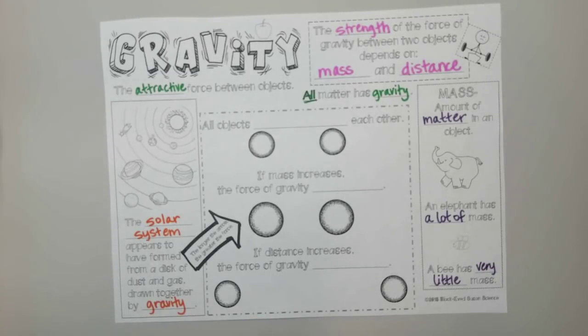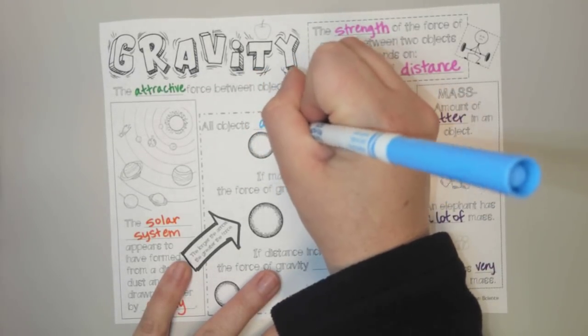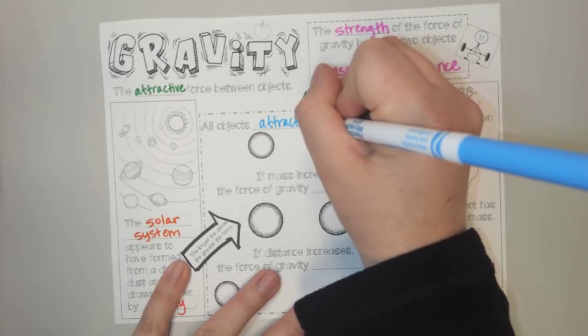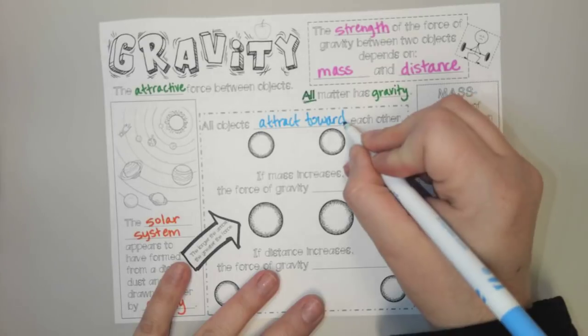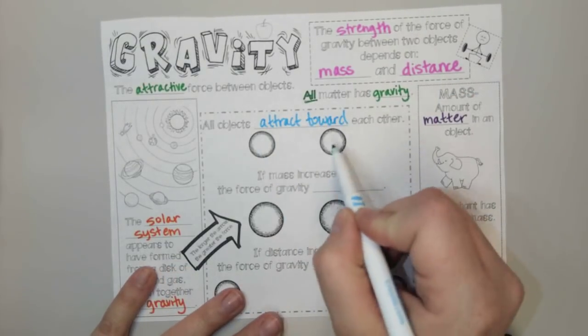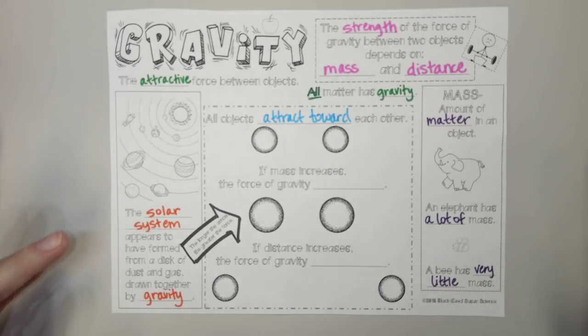The other thing we're going to talk about is distance, right? And we'll talk about some of the changes right here. At the top it says all objects attract toward each other. So right now if I have these two objects, and we're not calling them anything, they're spheres on our paper, but we're just going to use these as an example.